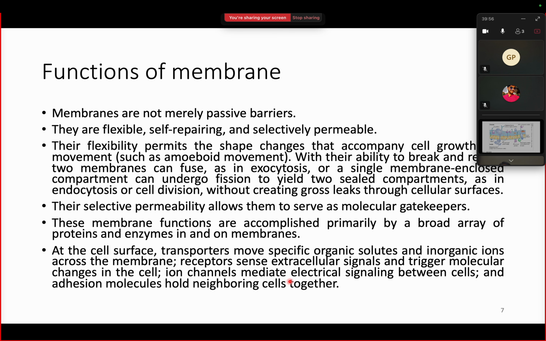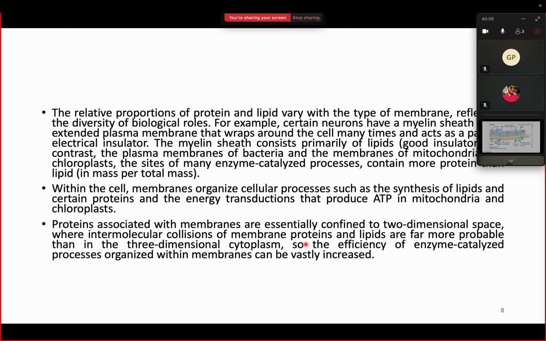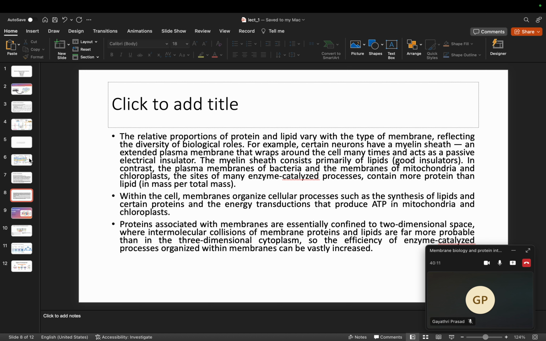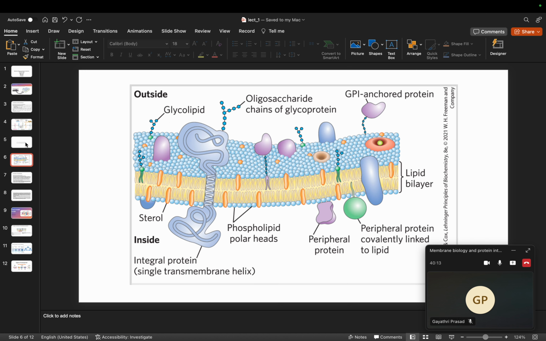Ion channels mediate electrical signaling between cells, and adhesion molecules hold neighboring cells together. Again, this is just the overview of the functionality of a membrane. Before going deeper into the functionality, as we have seen a very generic structure of a cell membrane, after that we're going to discuss the fluid mosaic model also.